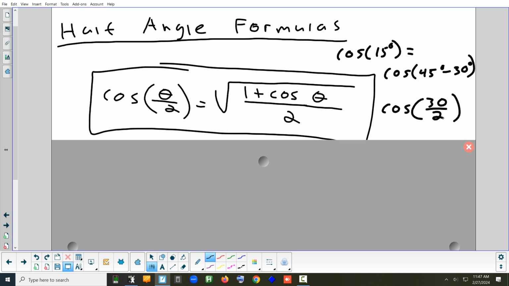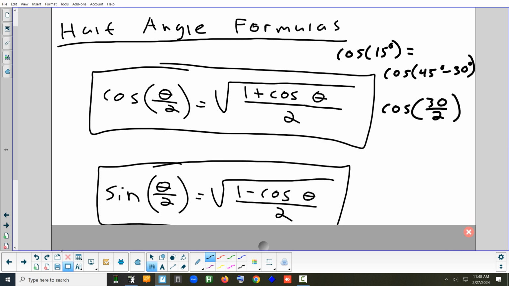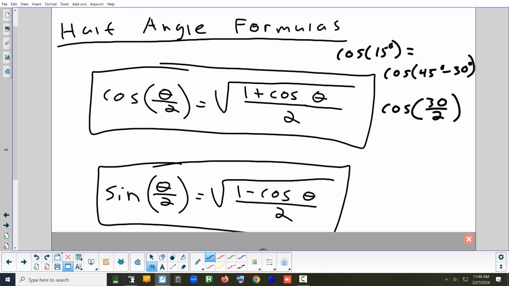The square root of 1 plus the cosine of 30, and then divide by 2. So it gives you another way to do it. Same thing with sine. If you wanted to figure out the sine of 15, and you didn't remember the difference formula, but I gave you this one because I wouldn't expect you to memorize this one, you could use that.